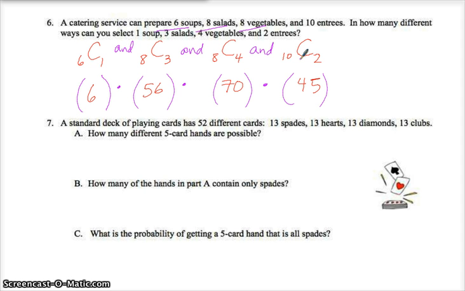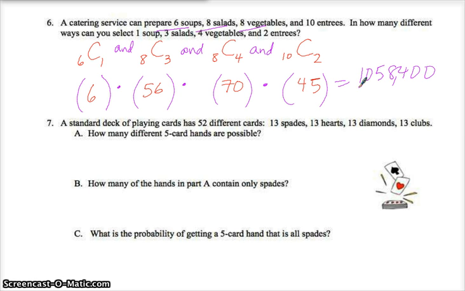And then we're going to multiply those numbers together, which I'm doing now. And I get 1,058,400 different combinations that we could order if we just wanted to choose 1 soup, 3 salads, 4 vegetables, and 2 entrees.